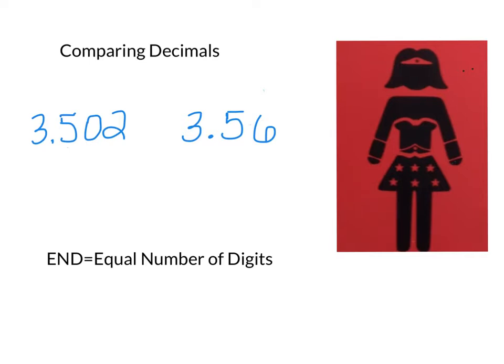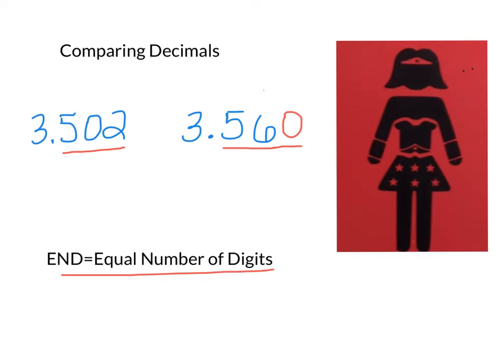Let me show you. Here's 3 digits, 502, here's 56. So we're going to make it so that there are an equal number of digits after the decimal. To do that, I can add a 0. It won't change the value of 3 and 56 hundredths, but it makes it an equal number of digits.